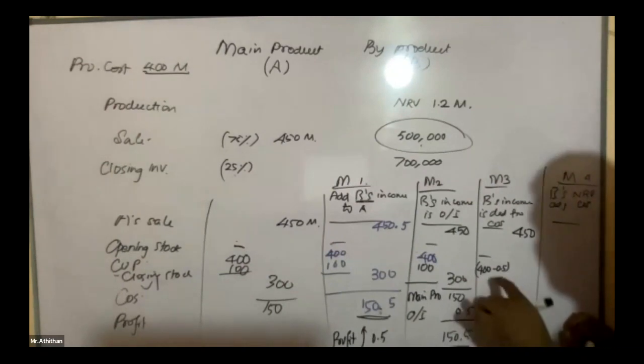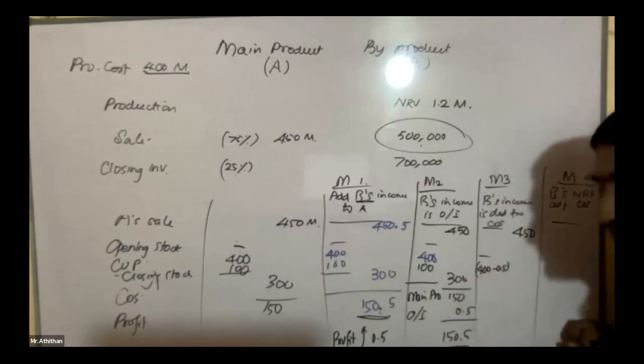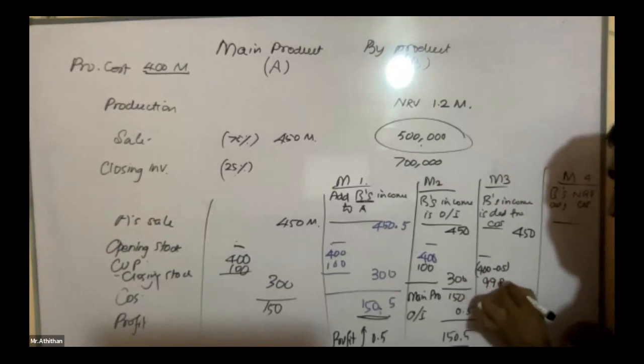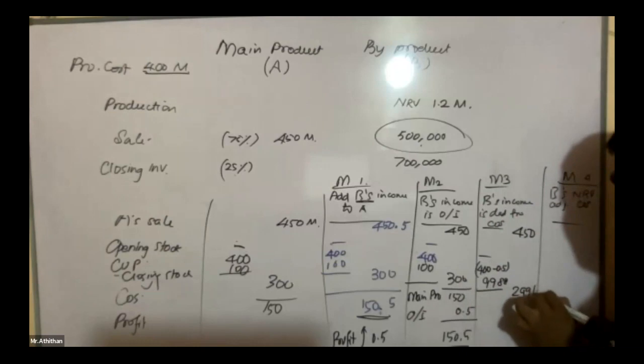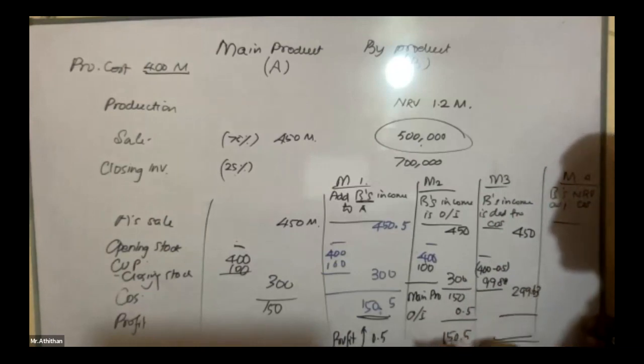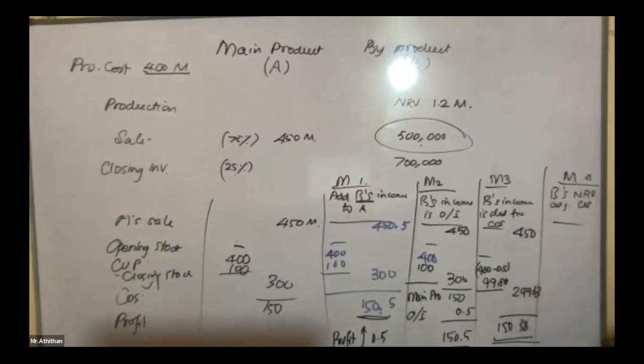Closing inventory is 25% of cost of production, 99.88. So 299.63. So profit is 150.38. Then method 4.